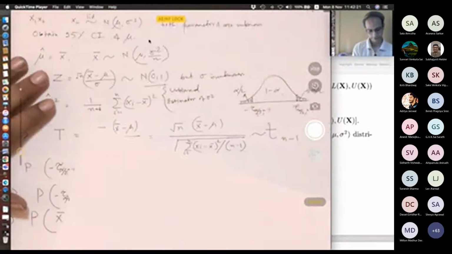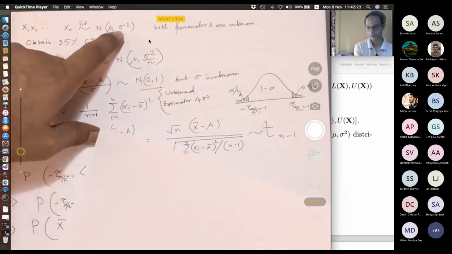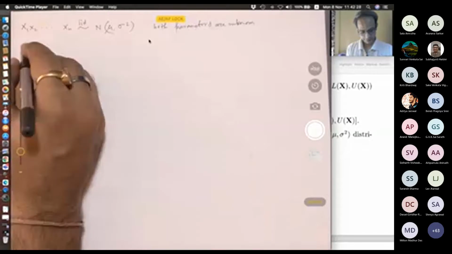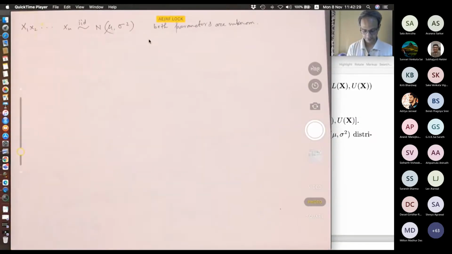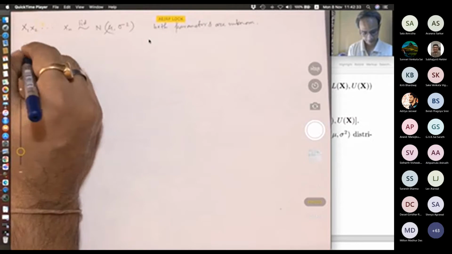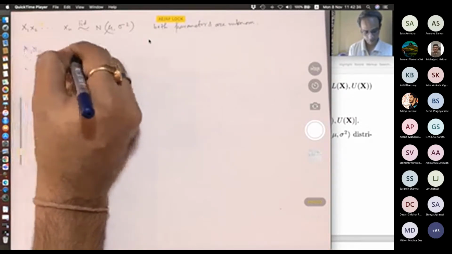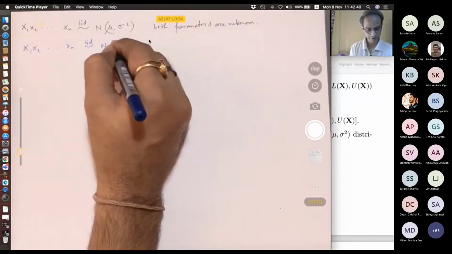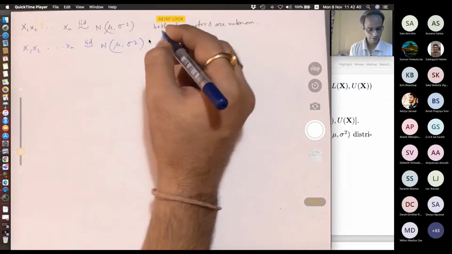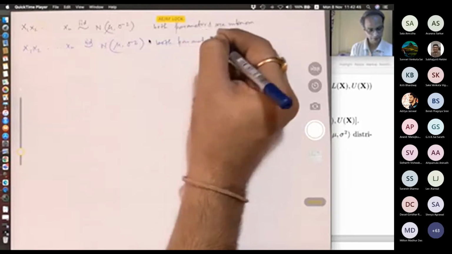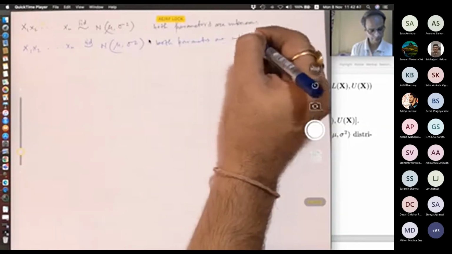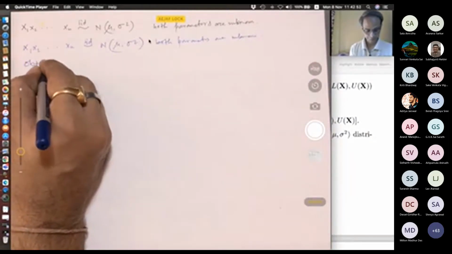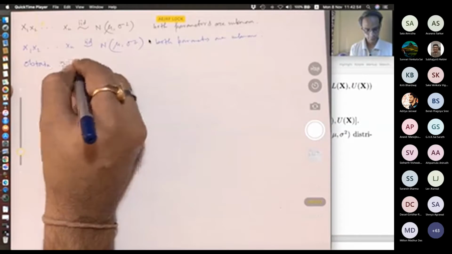So if I want to get the confidence interval of sigma square, let us see that. Again, same thing: X1, X2, ..., Xn, IID normal(mu, sigma square), both parameters are unknown, and obtain 95%.